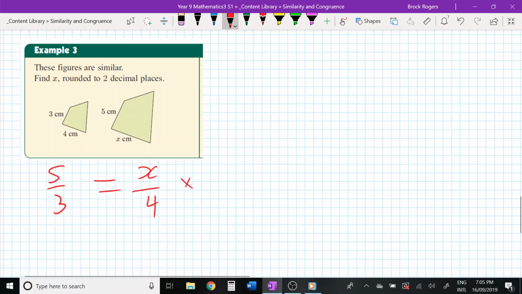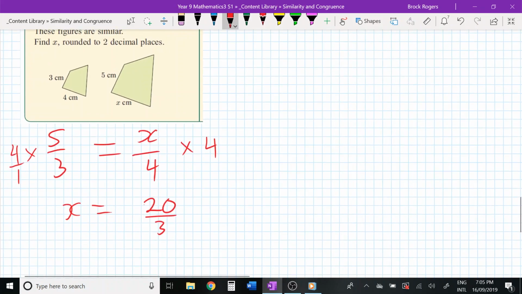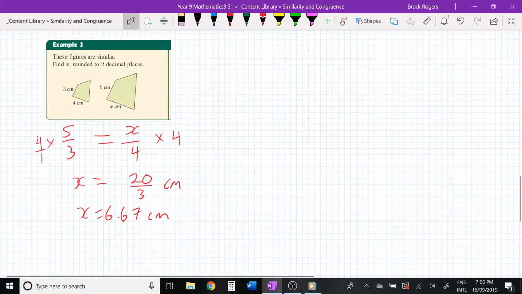To rearrange this and find x, all we need to do is multiply both sides by 4, and writing the leftover on the left now, we see that we have 20 over 3 as our x. So 4 times 5 over 3, the tops times the bottoms, we get 20 over 3, and that was in centimetres, 6.67 centimetres. Cool. Okay, so that's it for today's lesson on similar shapes, and see you next time.